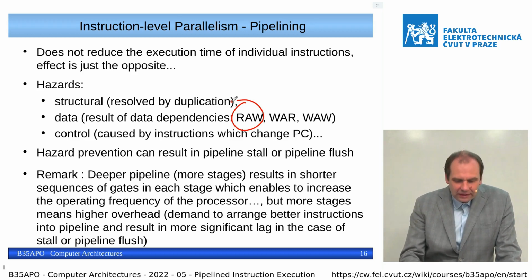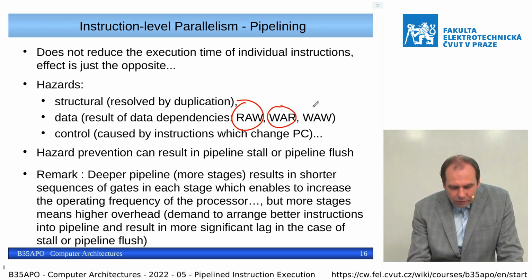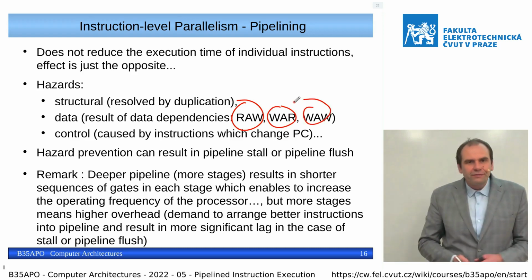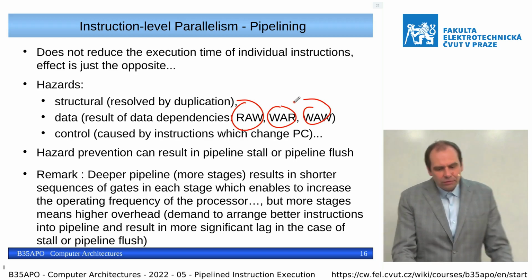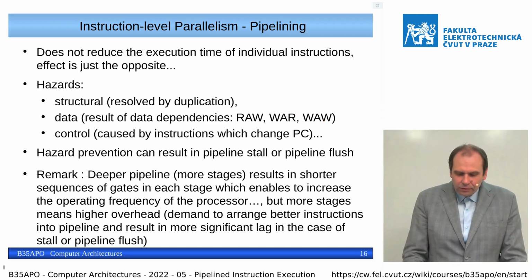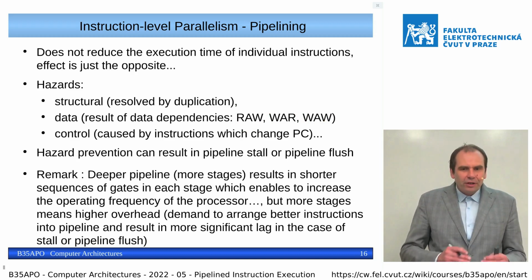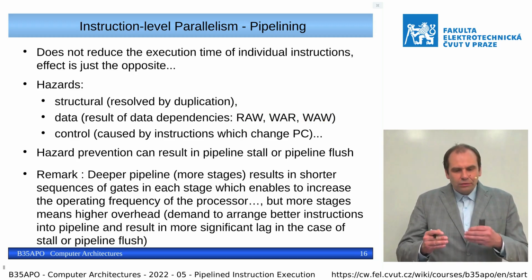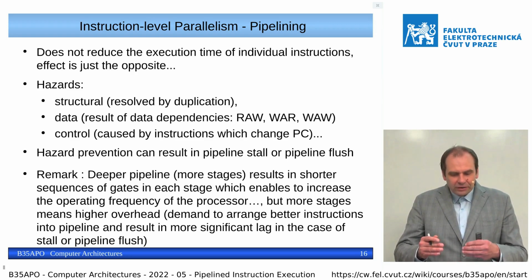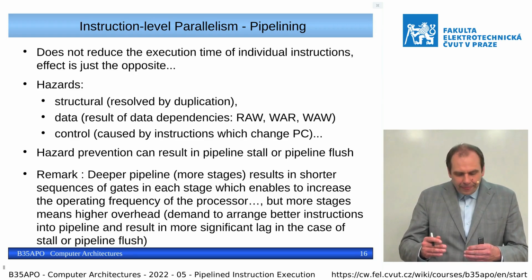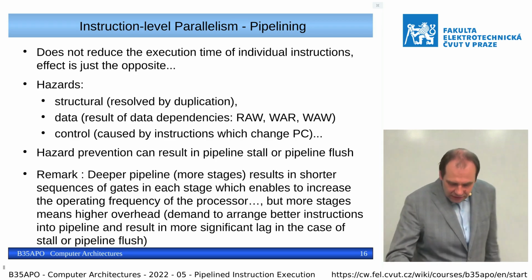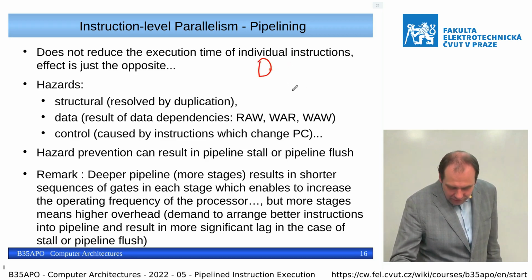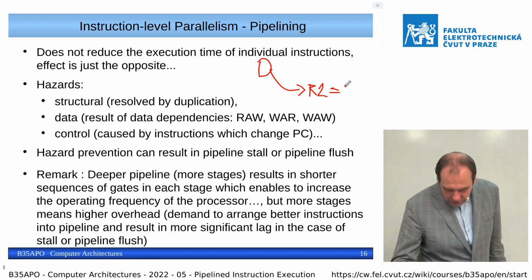Another problem is that if we start to execute multiple instructions in parallel, or if we allow one instruction to finish earlier than another, then we can get into other problems. For example, we modify a register to one value and then to a second value, but because the second instruction is finished earlier than the first one, the first instruction finishes and sets R2 equal to, for example, 1.